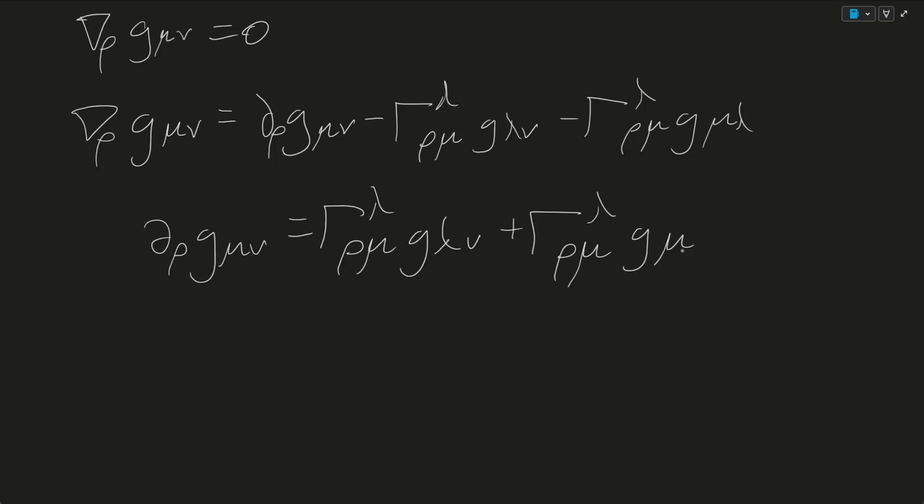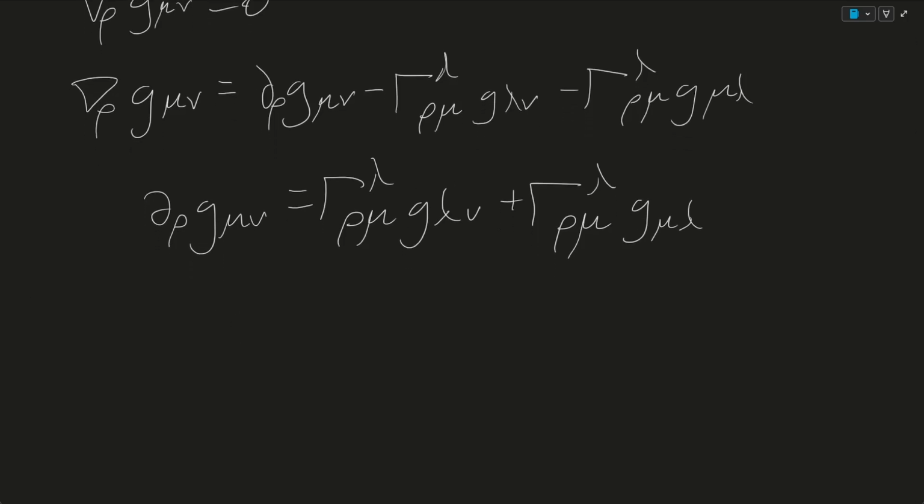Yes, g mu lambda. Okay. Lots of subscripts, lots of superscripts. Now we have an equation, but unknown. Well, these gammas, we don't know what they are essentially. So what we can do is use cyclical permutations and cycle the indices.